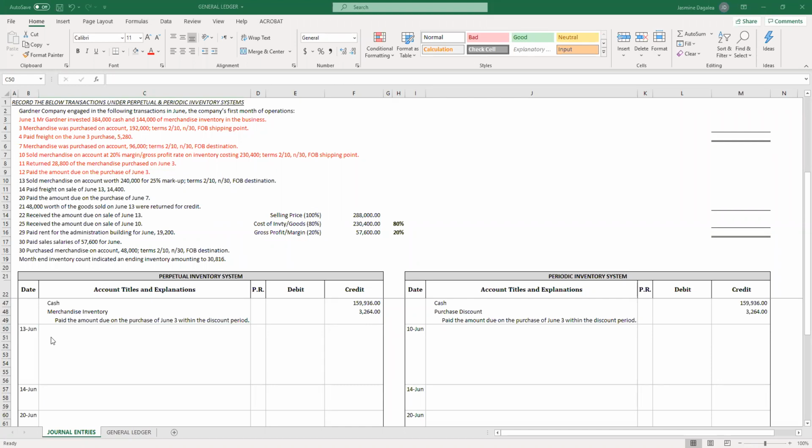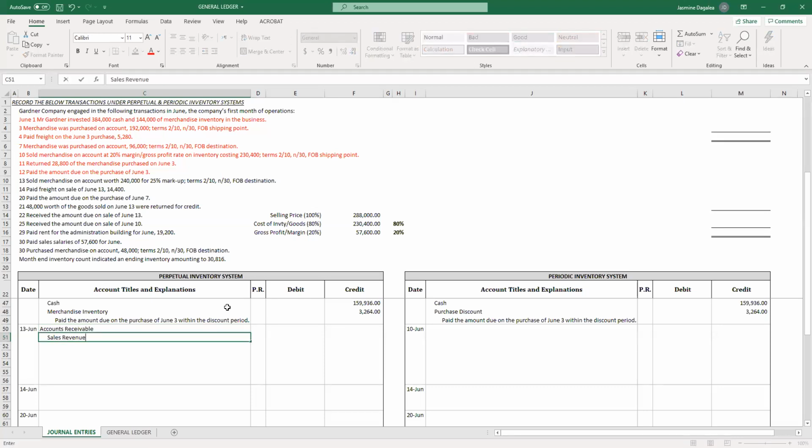Accounts receivable, ma'am. Yeah, debit accounts receivable and credit sales revenue. Kasi on account.